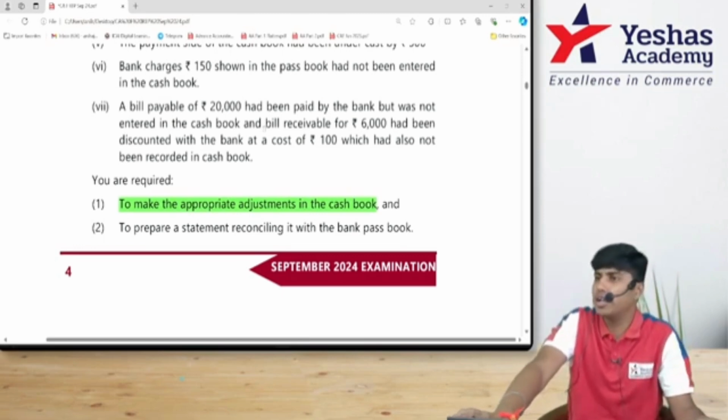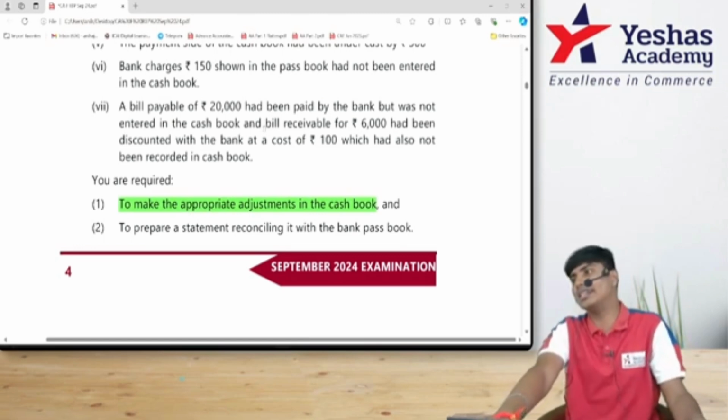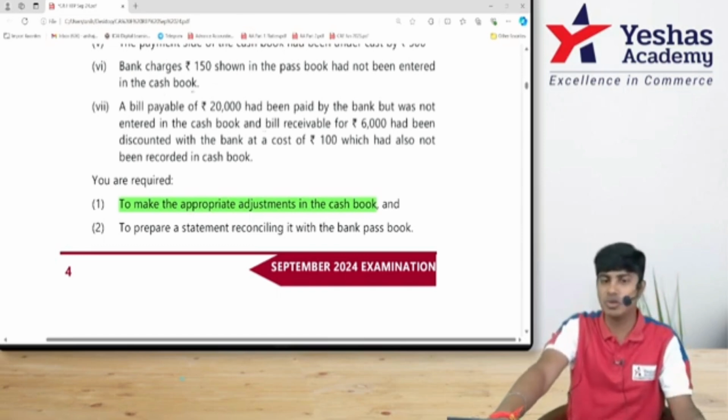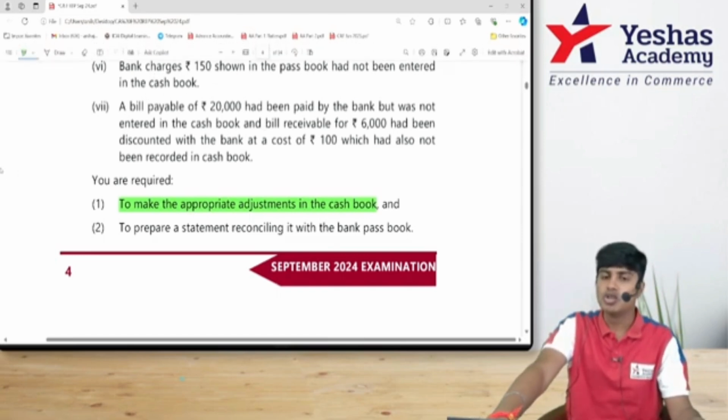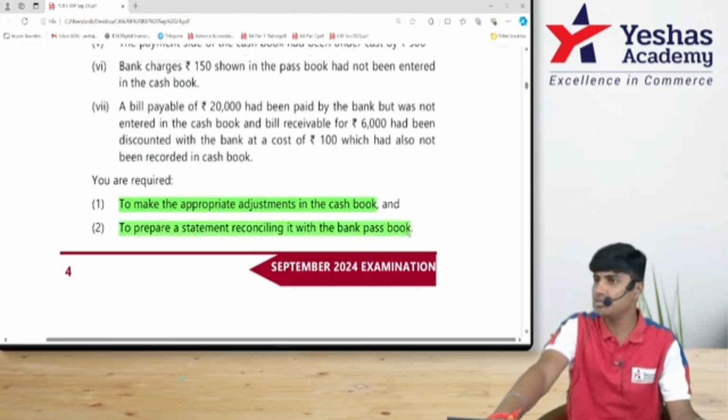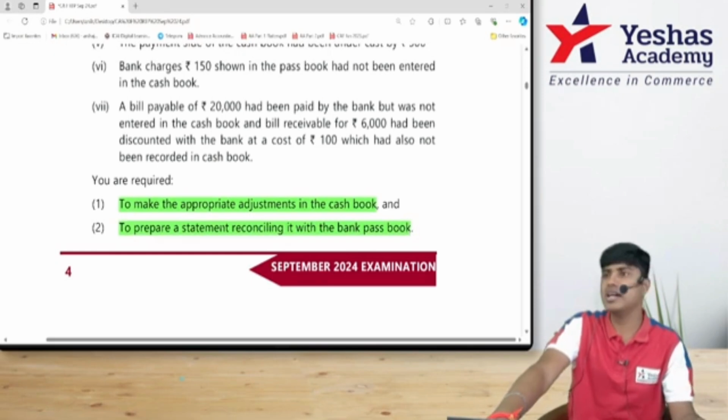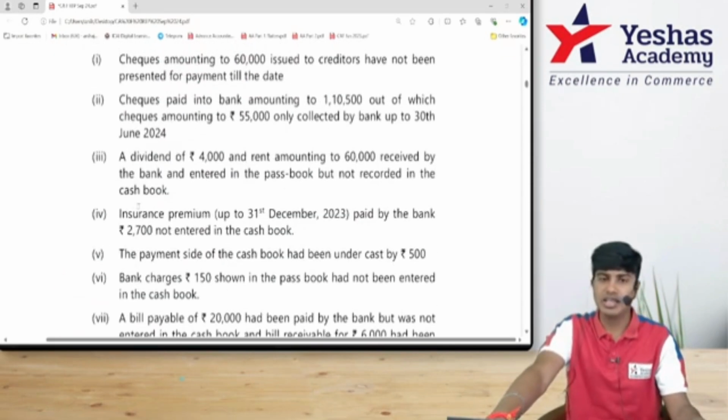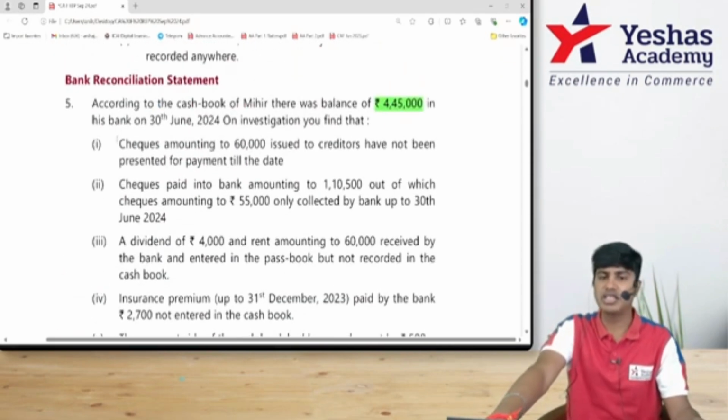If it is not an error or omission, it will be reconciled. I hope you understood. To prepare a statement reconciling it in the passbook. So basically what appears in the amended cash book is non-timing differences, and what appears in BRS is the timing differences. Let's quickly start. Read the first adjustment.